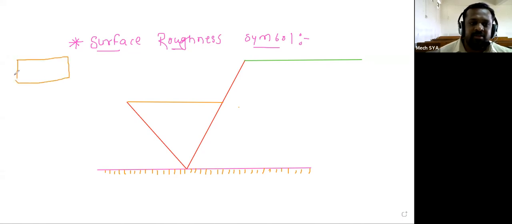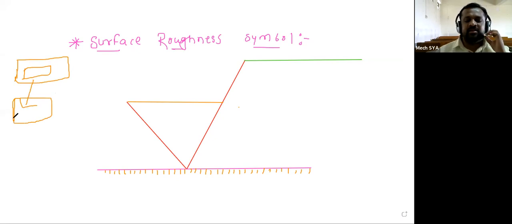Okay, we have to prepare the drawing, and then all the information is provided: its dimensions, its tolerances, its limits. All the dimensions we provide in that drawing. Then we give this drawing to the production department, or the workshop.